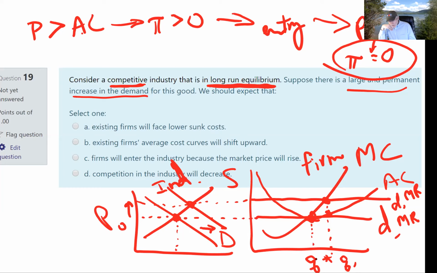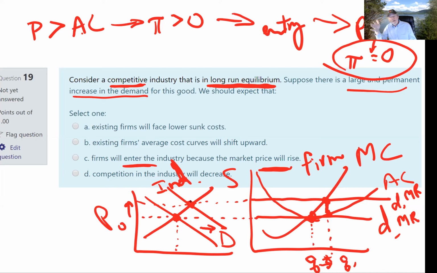We saw that individual firms increase their output. We saw they are making profit now. And what does that profit lead to? That leads to more entry. So the price goes up and there will be entry into this industry. Ultimately, this is what happens in the short run.